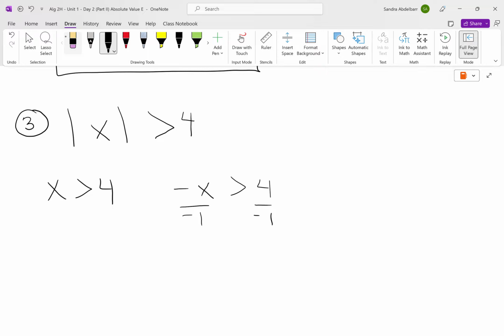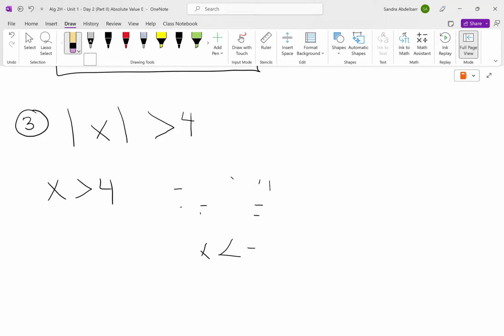So when you divide by -1, that's why we get x is less than -4. That's why we always do that. We keep one the same, and then we flip and negate. That's how we get those two inequalities. Keep one the same, then flip and negate. Because we have to keep in mind, this x can be positive, but this x could also be negative. So we account for both scenarios.